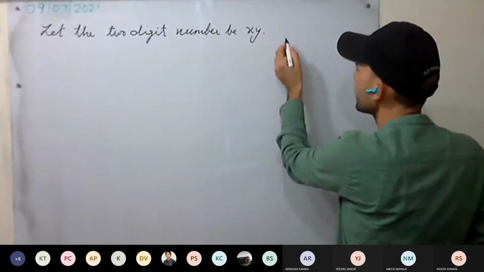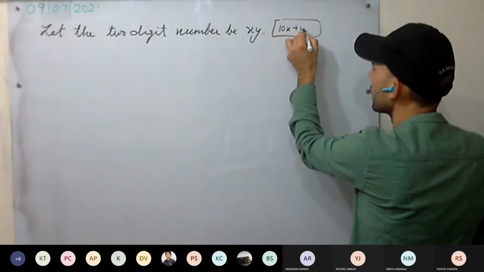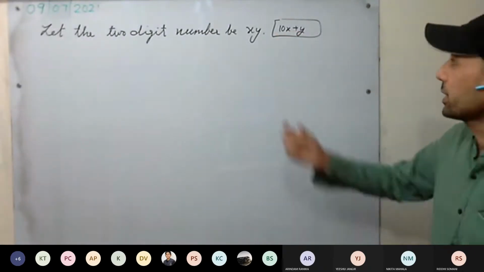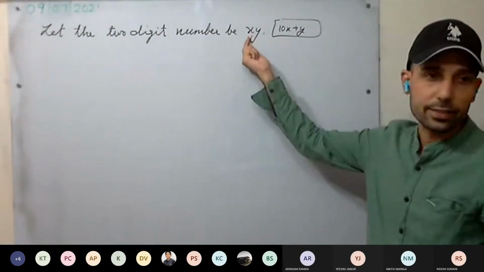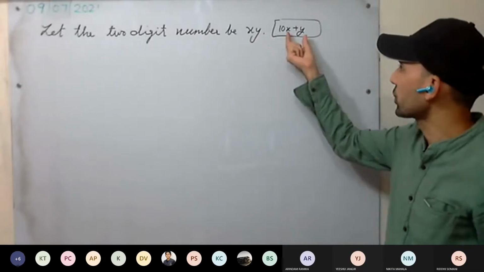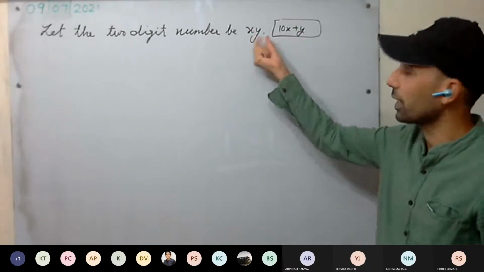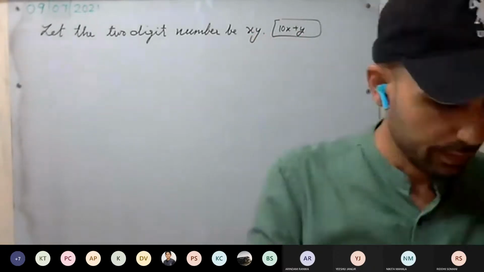This number is 10x plus y. Understood? X is tens digit, y is units digit at unit place. So if we have to represent this number, we will represent 10x plus y. Xy is that number.